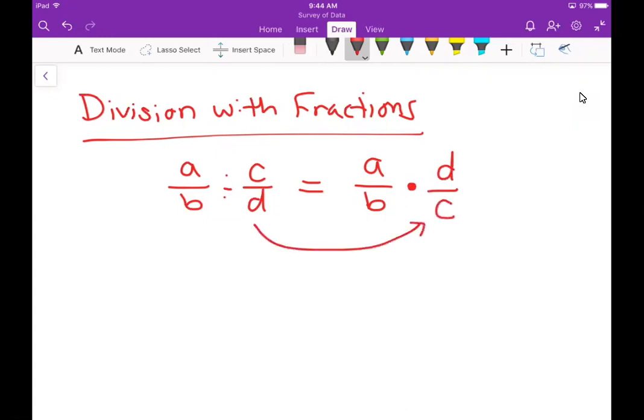So you always flip the second fraction. The first fraction will always stay the same. So A over B divided by C over D is the same thing as taking A over B times D over C. And we already know how to do this operation, so we just have to remember that first step of flipping the fraction.